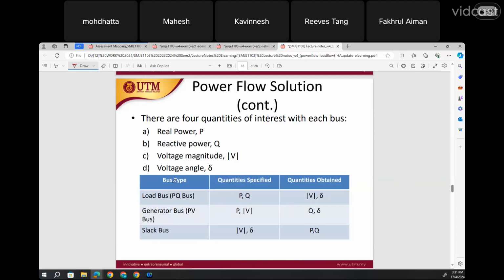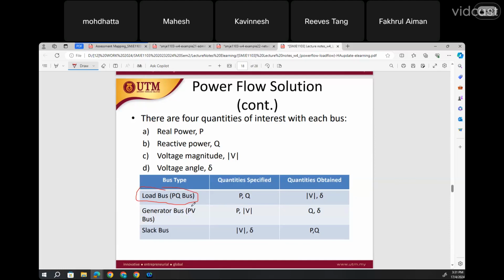And in terms of buses, there are types of bus that we will encounter throughout the analysis. One will be the load bus, where normally the bus is connected to a load. There's no generator at that bus. Maybe a substation can be considered as well.